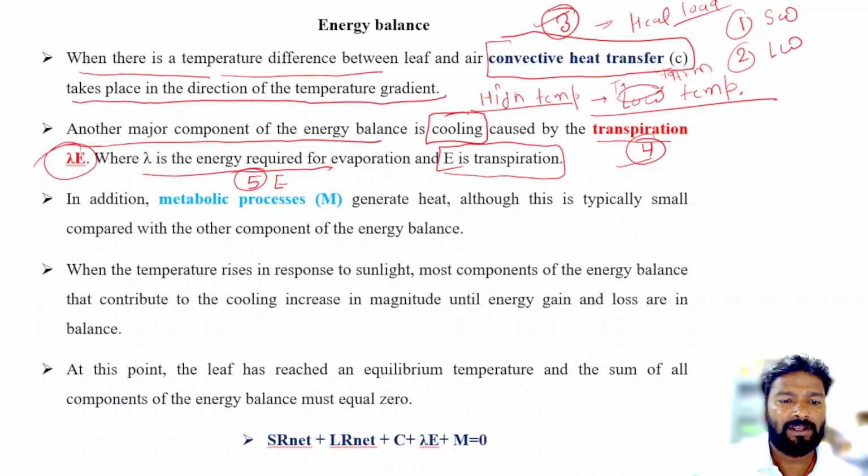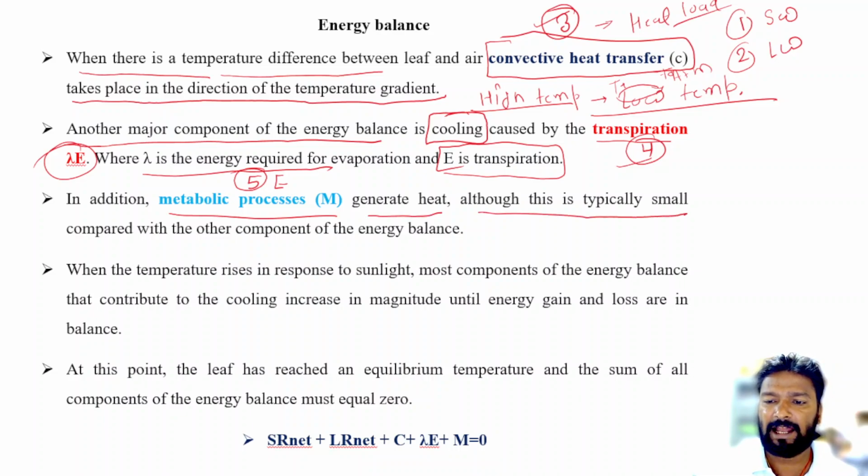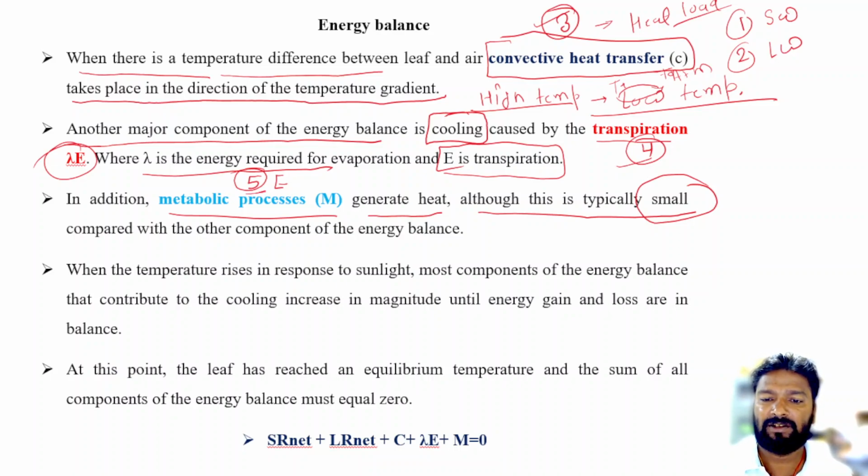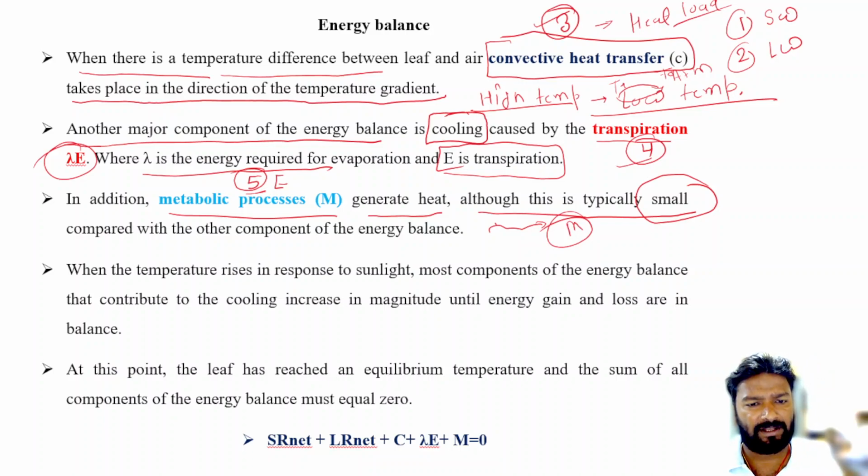Metabolic processes generate some heat, although it is typically very small compared to the other components of the energy balance. So these are the five components of the energy balance in the plant.